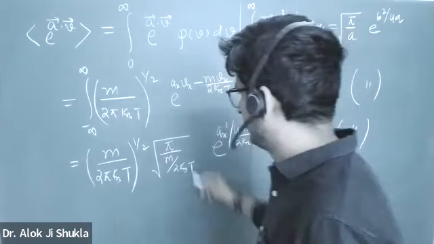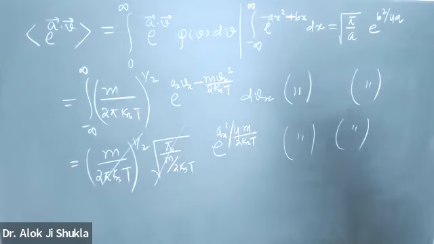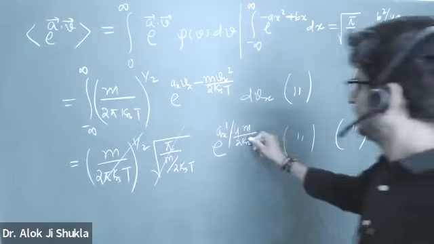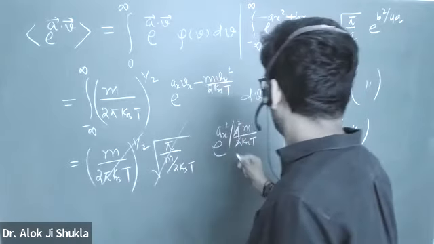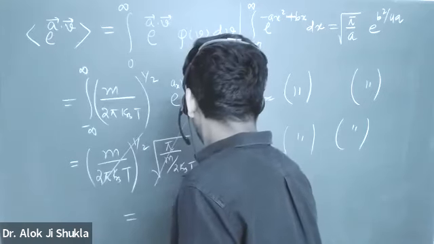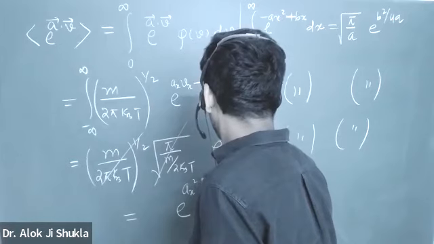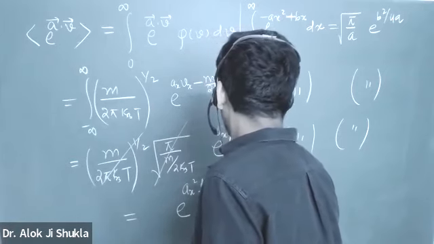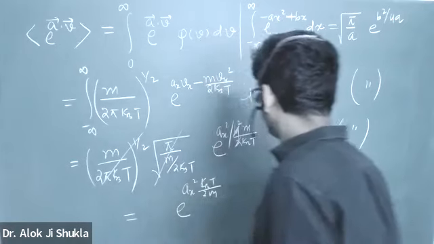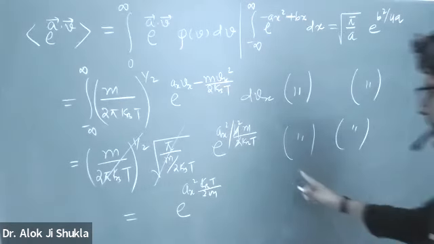Now this is just cancelling. And what is this giving? It is giving e to the power ax square kBT by 2m. What will we get here?